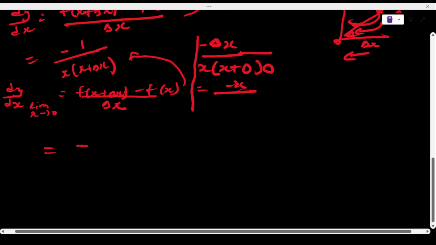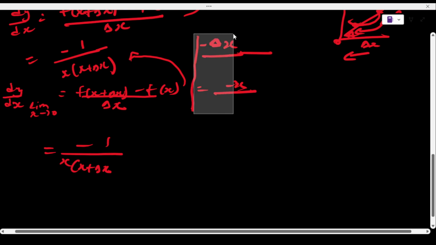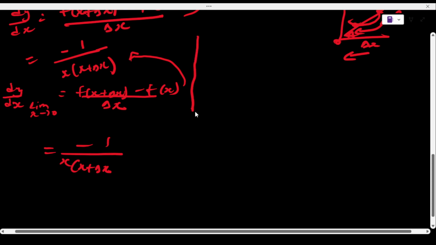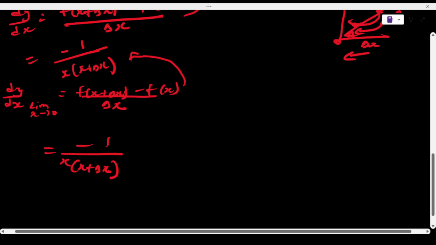So this place is no more useful, so let's delete it so that it won't mislead us. So now it will become minus 1 over x times x plus change in x, when our change in x is approaching 0.